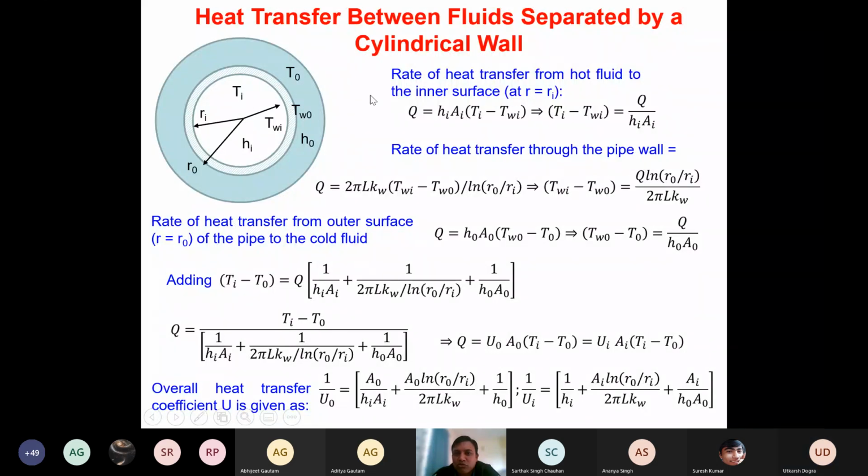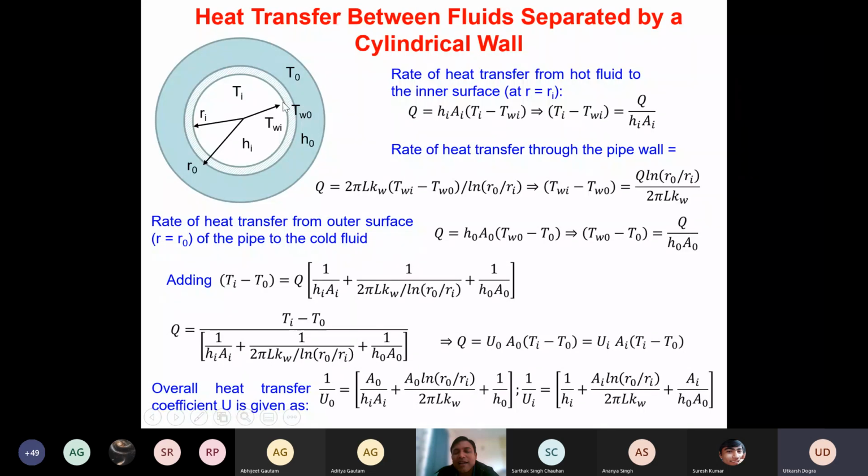That we can obtain by using Newton's law of cooling. So Q is given as Hi Ai delta T, correct? Where Hi is the heat transfer coefficient inside here, and Ai is the heat transfer area, this heat transfer area Ai, times delta T. And what is delta T? Ti minus Tw1. Ti is the bulk temperature and Tw1 is the inside surface temperature here. Do you all agree?